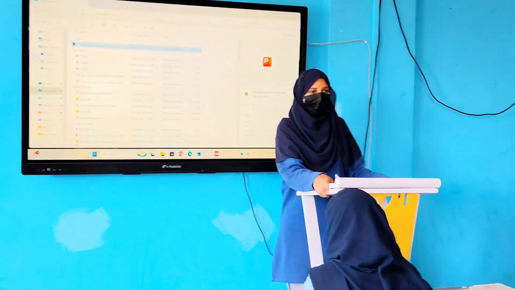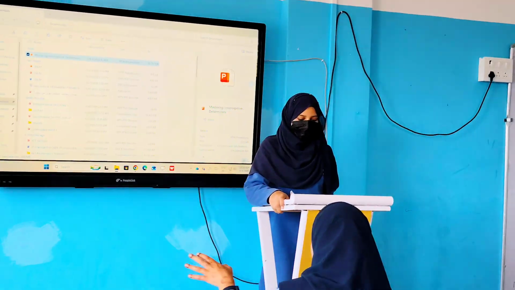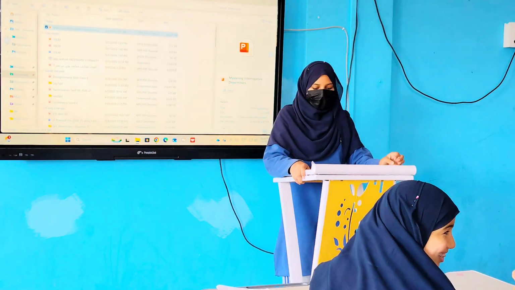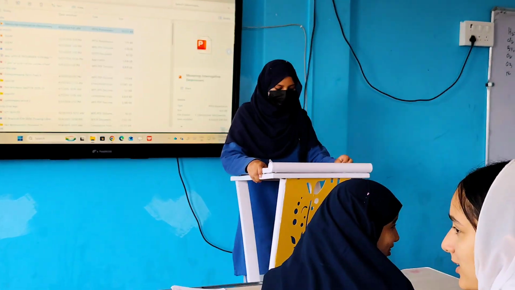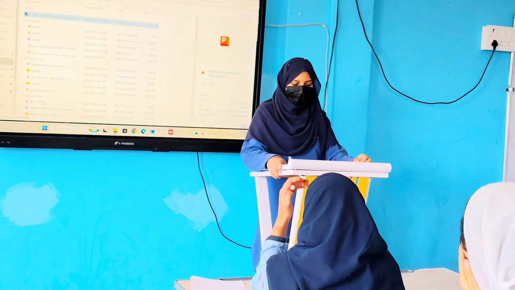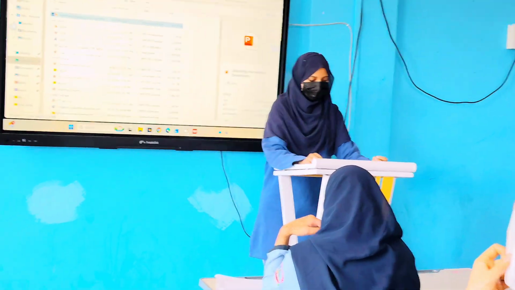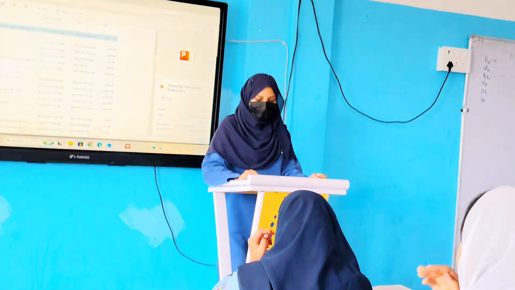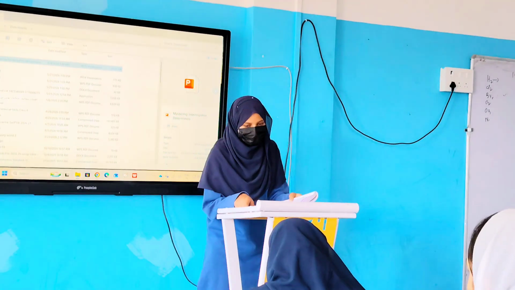For example, what color do you like? Next is which. We use which when we choose from a limited number of options. For example, which dress will you wear? Next is whose. We use whose to ask about ownership or possession. Example, whose parents. They are important because they make our sentences clear and help us to get specific information.